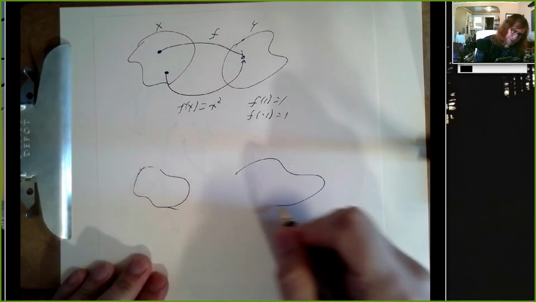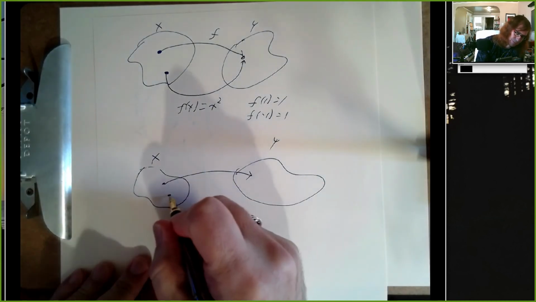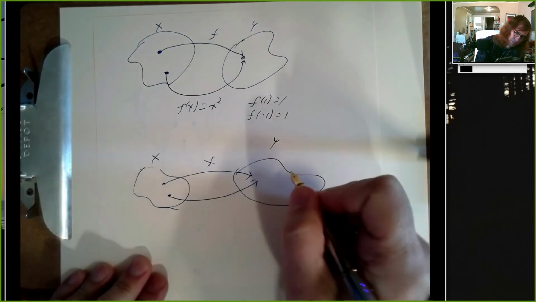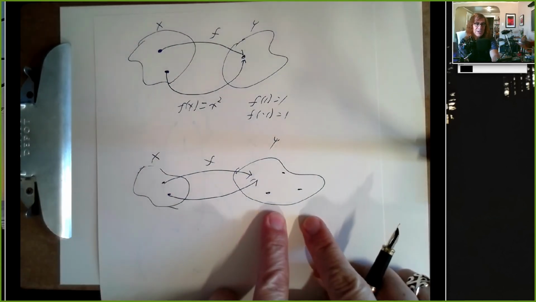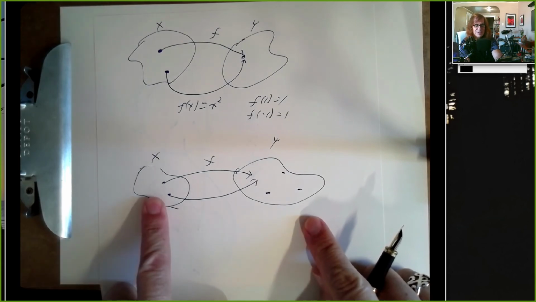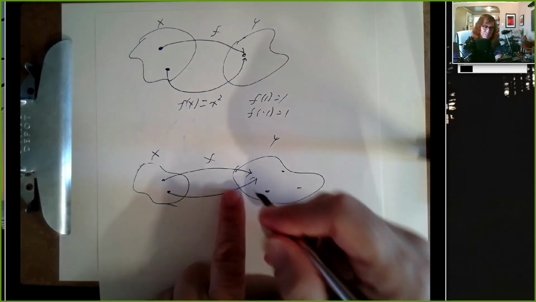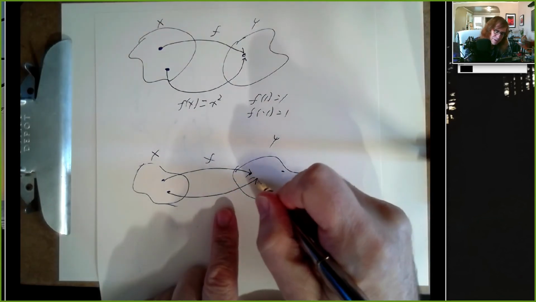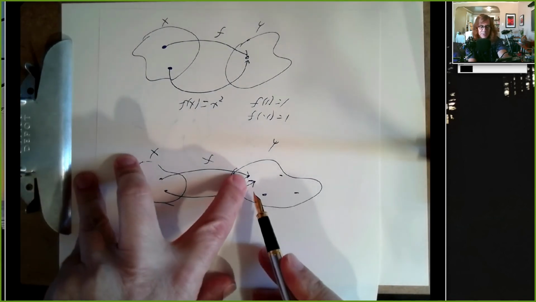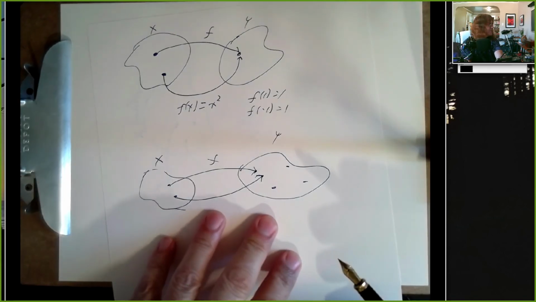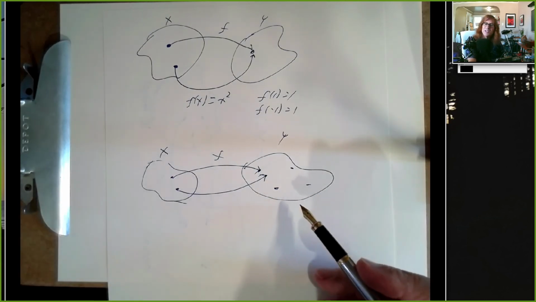Here's another kind of situation we can have. There might be some points over here that don't get mapped to from anything in x. Every point in x goes to exactly one point in y. And it may or may not be the case that different points always go to different points. But independent of those situations, we might have some points over here with no arrows pointing at them.